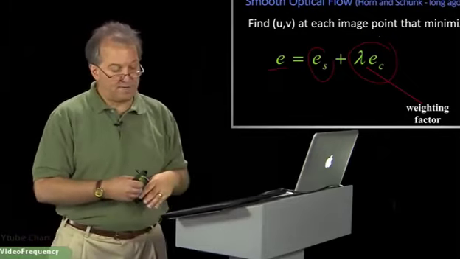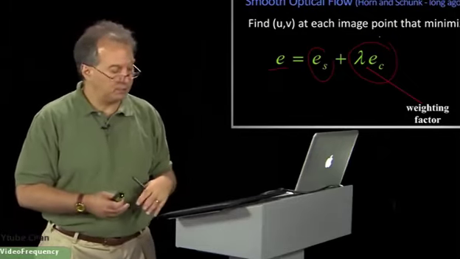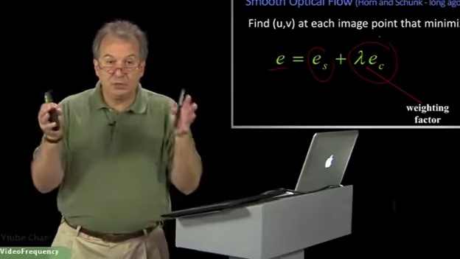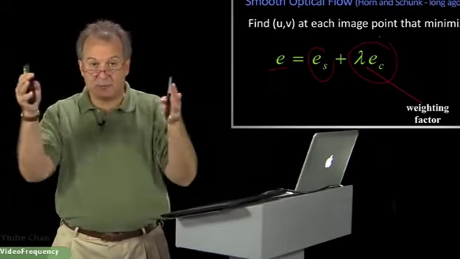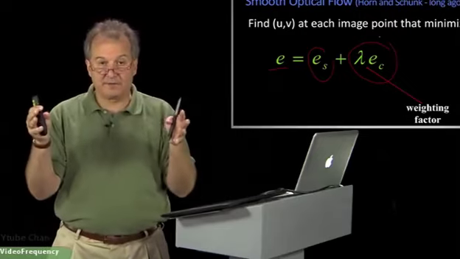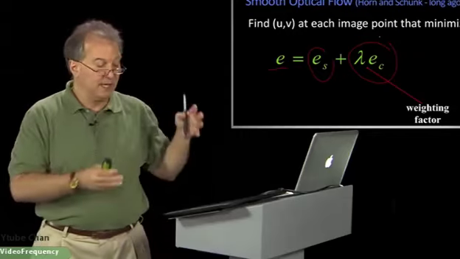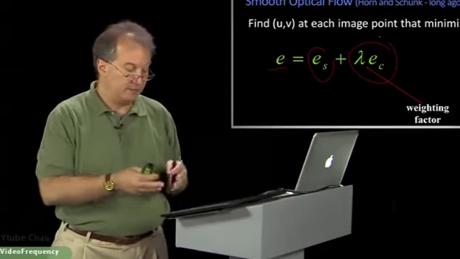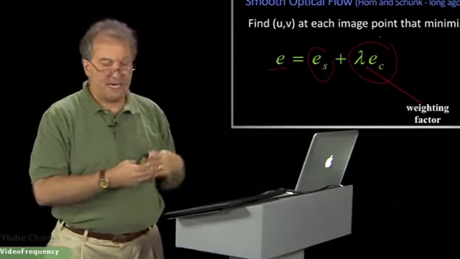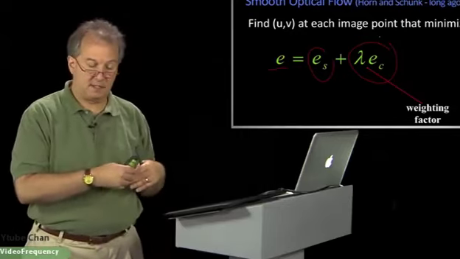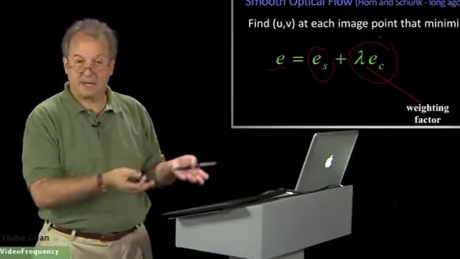So this was part of a general approach, a variational approach, where you're going to solve for u, v as a function of x, y. That is, you're going to find the optic flow, u and v, for every pixel that tries to minimize this error. It's somewhat painful to try to implement systems that can solve for that. Not impossible.